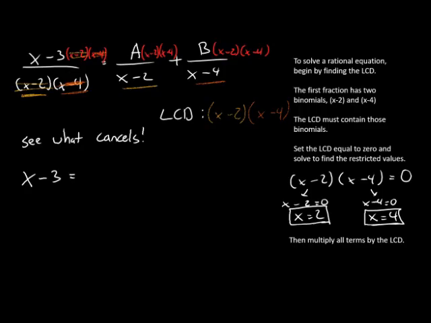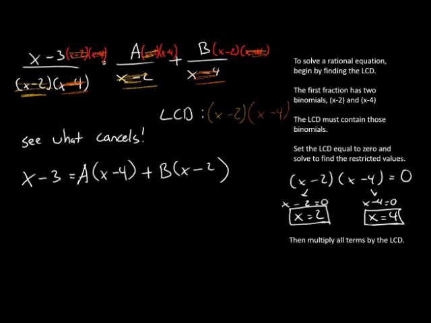In the second fraction, x minus 2 will cancel out. However, the x minus 4 will still be there, and we'll have capital A times x minus 4. We'll do the same thing with fraction B. The x minus 4 is on the top and bottom, and it will cancel, leaving us with plus B times x minus 2.